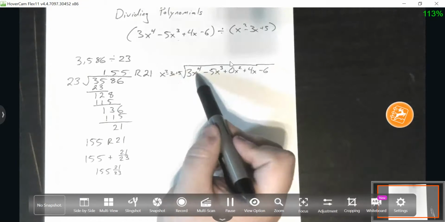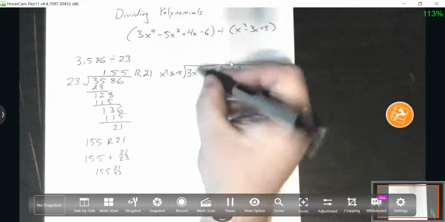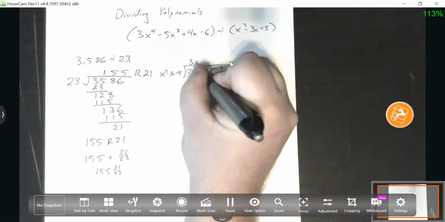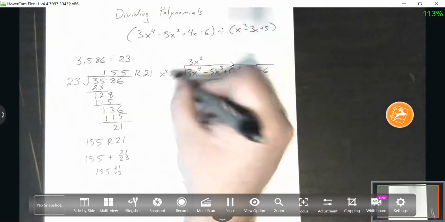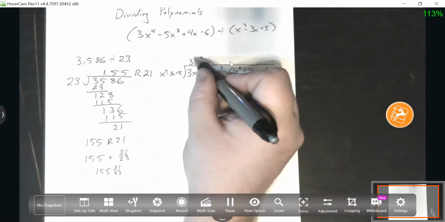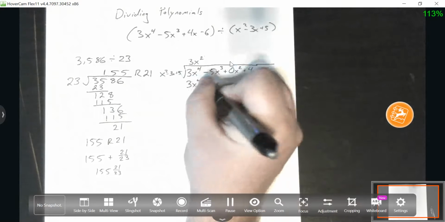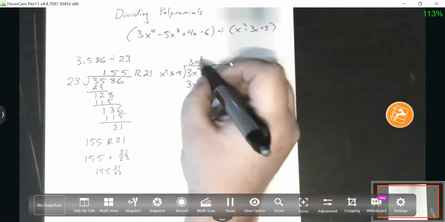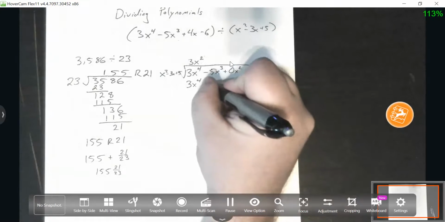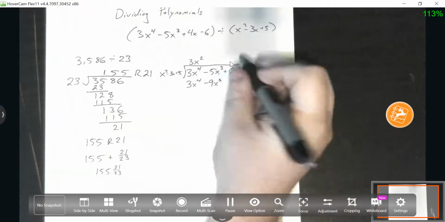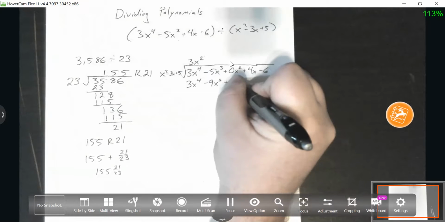Does x squared go into x to the fourth? Yes, it goes in 3x squared times. We multiply by whatever will exactly match it. So 3x squared times x squared is 3x to the fourth. Now I multiply it by each of these. 3x squared times negative 3x is minus 9x cubed. 3x squared times 5 is plus 15x squared.